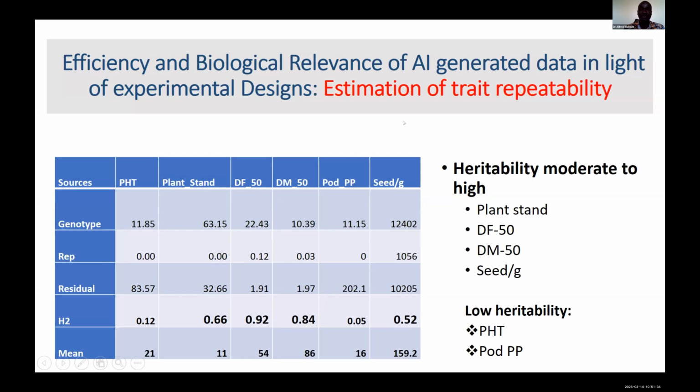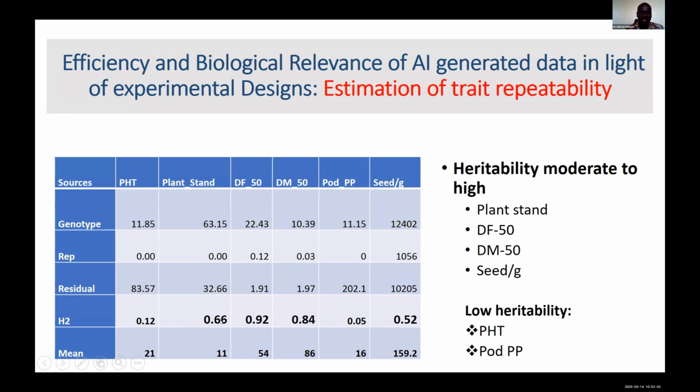So one thing one will do is to quickly look at the repeatability of this data, which represents the biological relevance of the data that the breeding program is interested in. In this case, I have examples of a few traits: plant count, days to 50% flowering, days to 50% maturity, pod number, and seed weight.